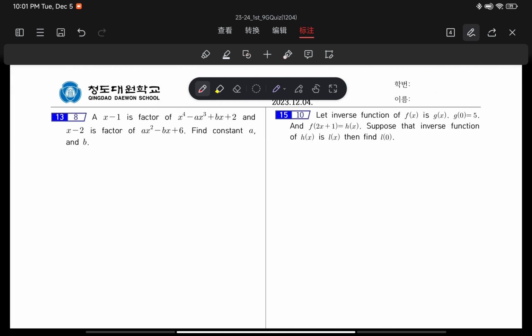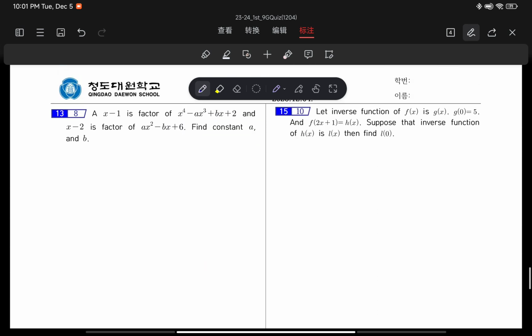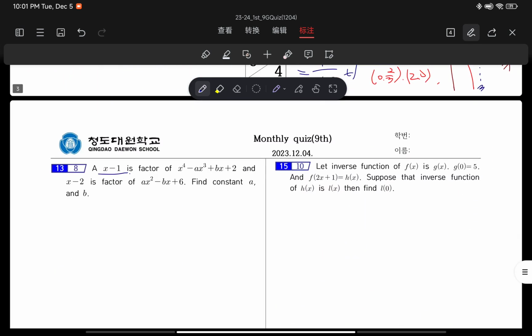3 more questions. Okay. So put x equal to 1, and so sorry, 1 minus a plus b plus 2 equal to 0, because of the factors, and 4a and minus 2b plus 6 equal to 0, because x minus 2 is also a factor of this equation.